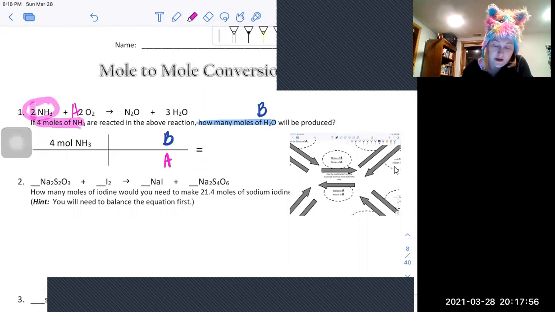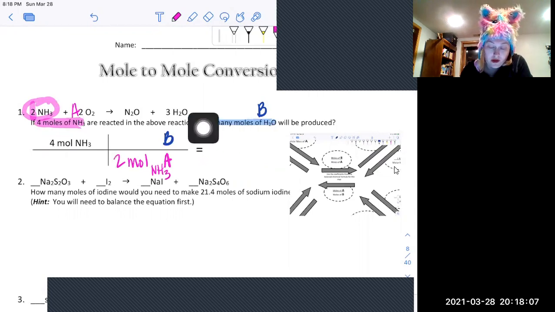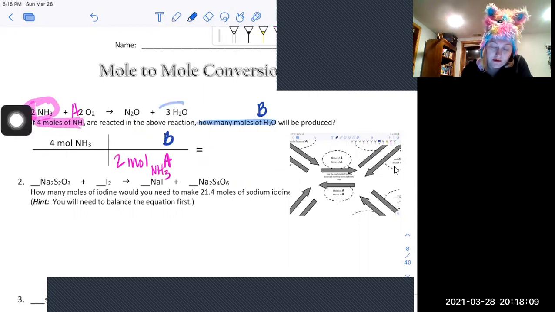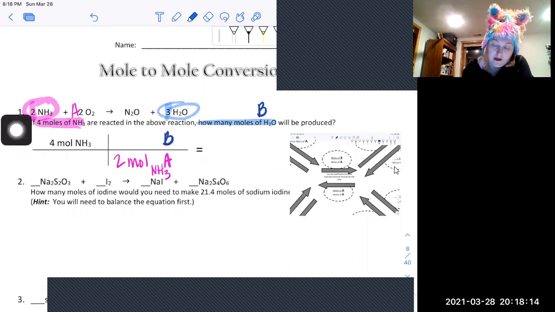The 2 that goes with it is going to be my 2 moles NH3. And then my B chemical is H2O. So I look in my balanced chemical reaction and I find H2O. The 3 that goes with it is going to be my 3 moles of H2O.